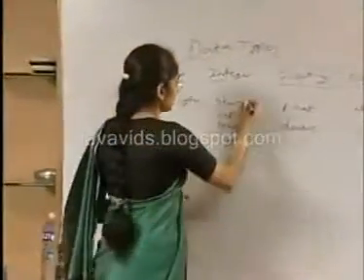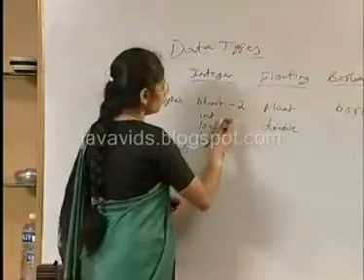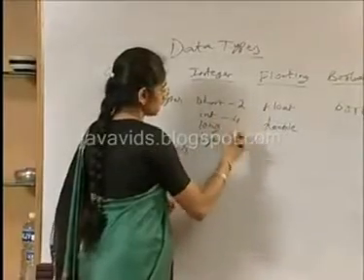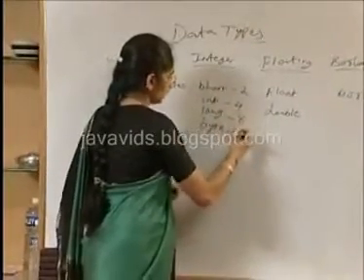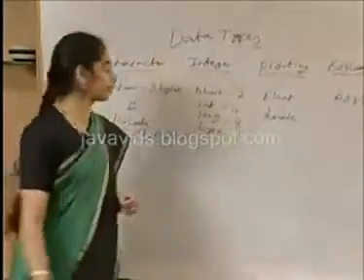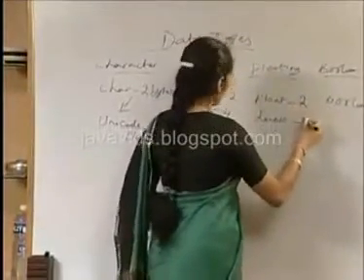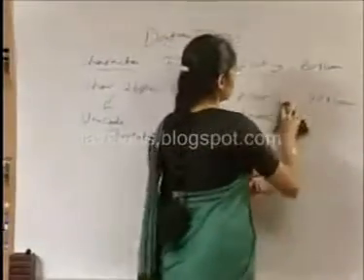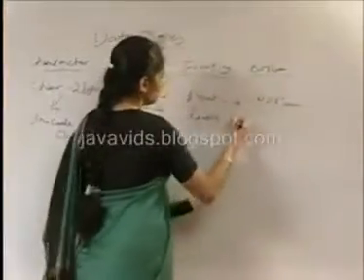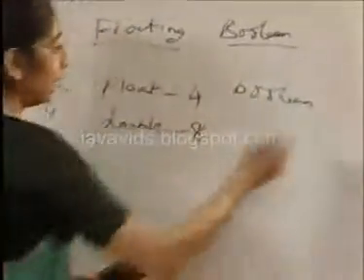Short is 2 bytes, int is 4 bytes, long is 8, and byte is 1 byte. Again, float is 4 bytes, double is 8, and Boolean is 1 bit.